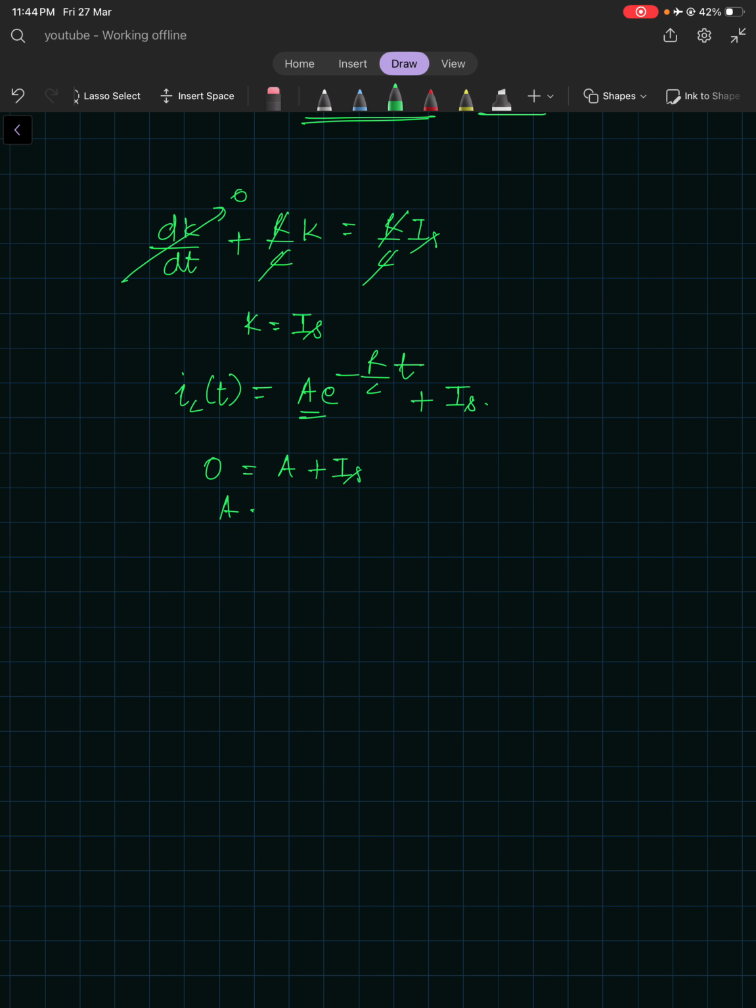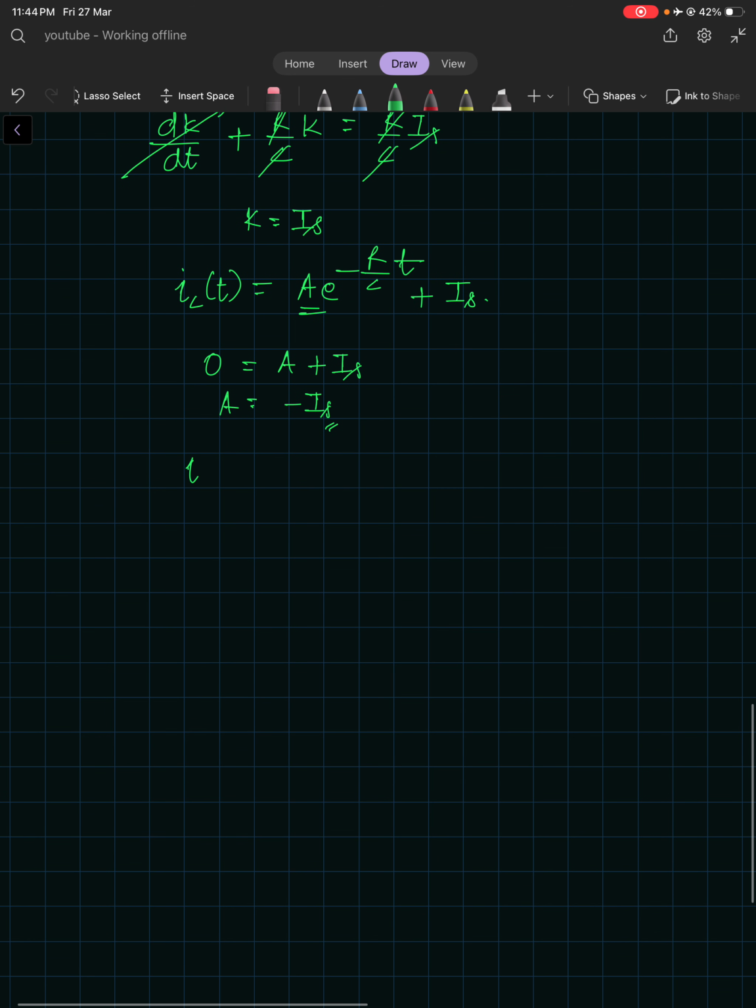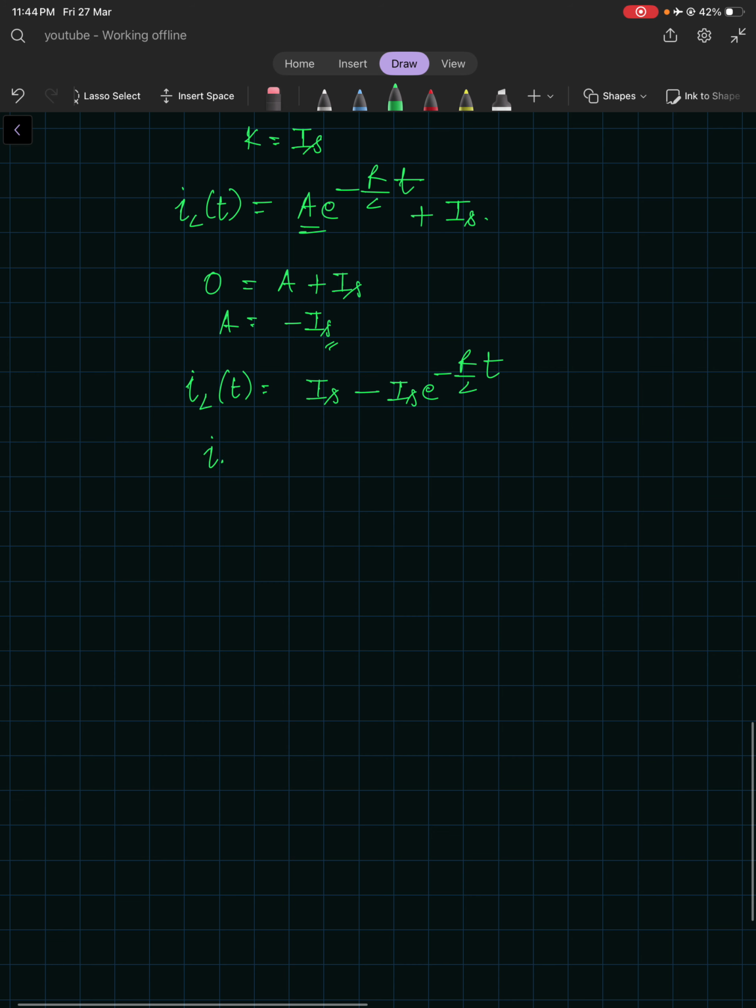So A is minus IS as we have expected. IL of T is equal to IS minus IS e power minus R by L of T. Okay, IL of T, take IS out, 1 minus e power minus R by L of T, right?